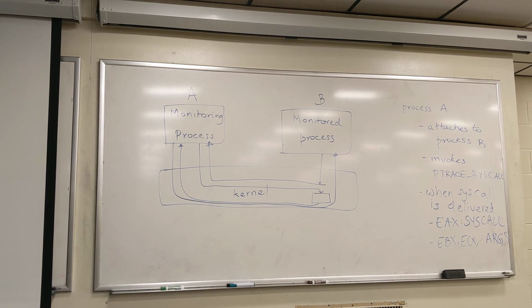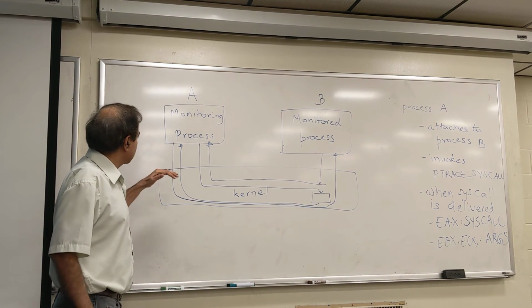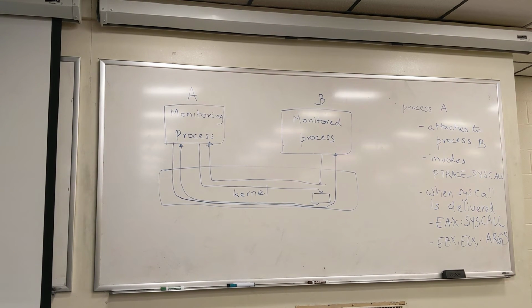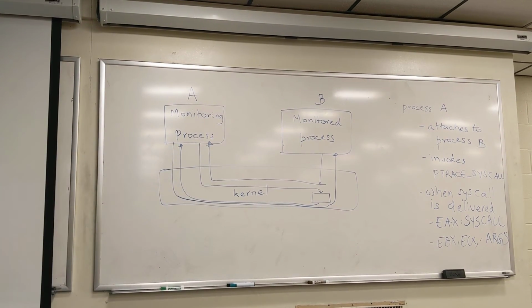So to wrap up the discussion on this, let's think about one example of a security application that you can build. Right? So think of something very simple, like limiting a program from writing any files outside of, let's say, /tmp, right?